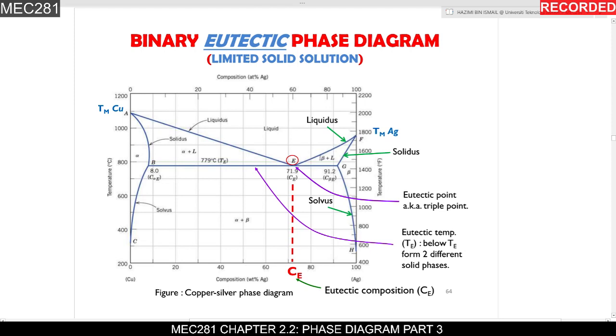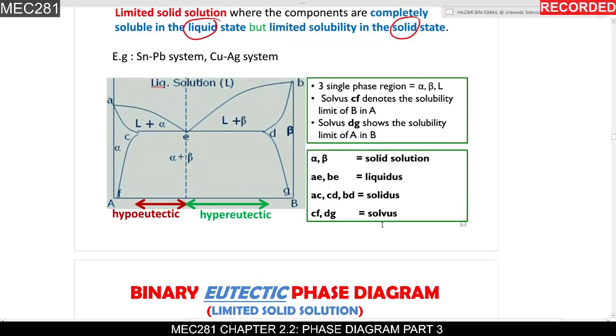This line we still call the liquidus, because it is the borderline between the liquid and the liquid plus solids. So this is hypoeutectic, and this right hand side is hypereutectic. But we have a new line here. If on the upper side, we call it solidus, and the lower side we call it solvus. So what is solvus and solidus?